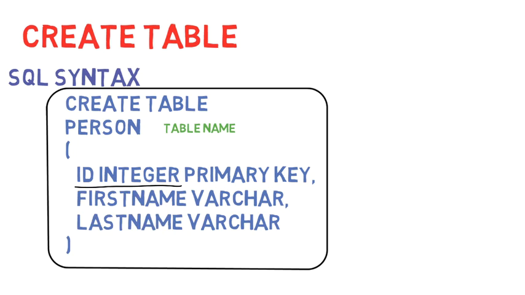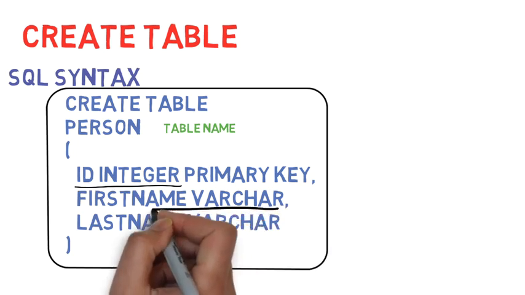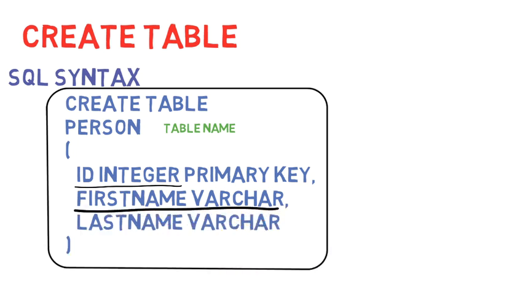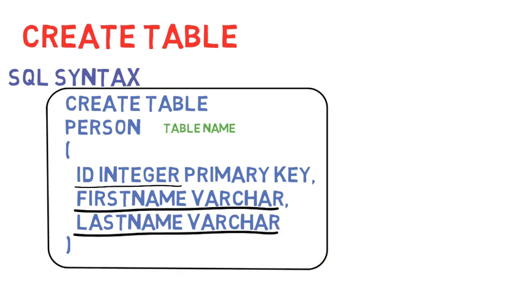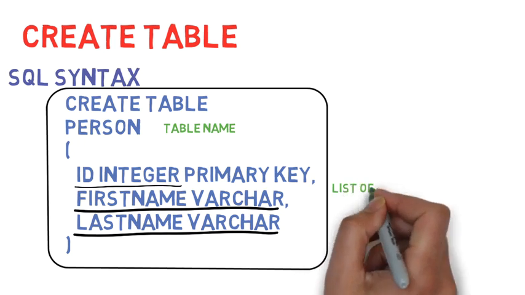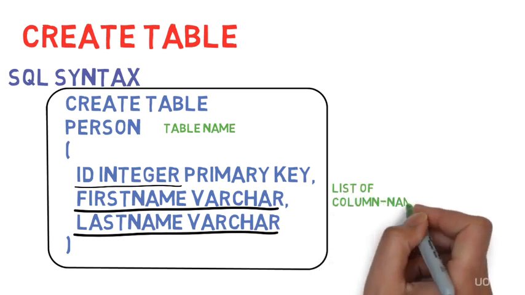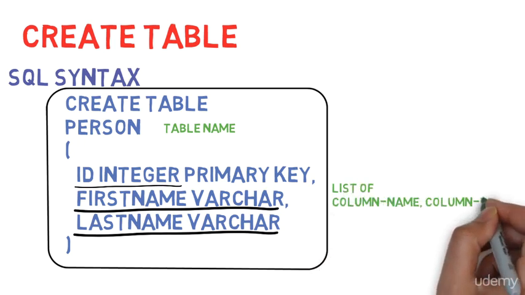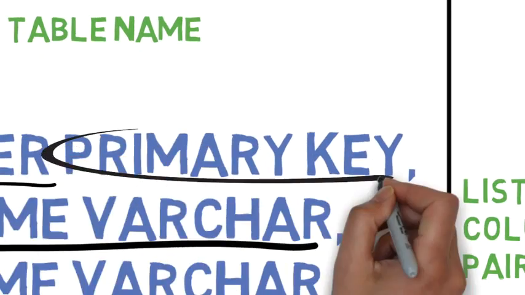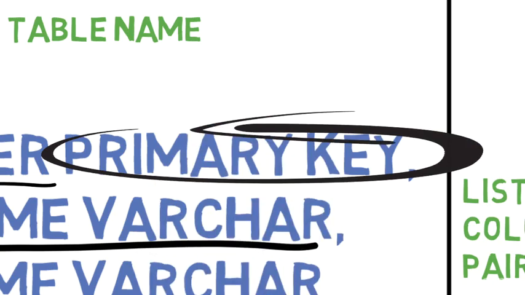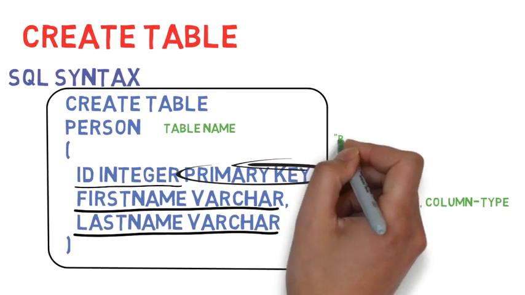ID is an integer attribute of a person. First name and last name are both varchars, meaning they are simple strings. That's how it is in real life. Within the brackets, we've actually specified a list of column name, column type pairs.